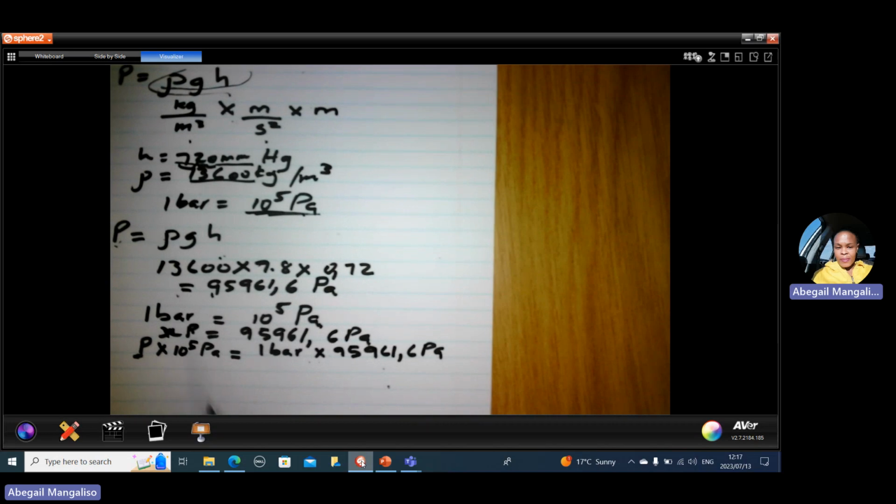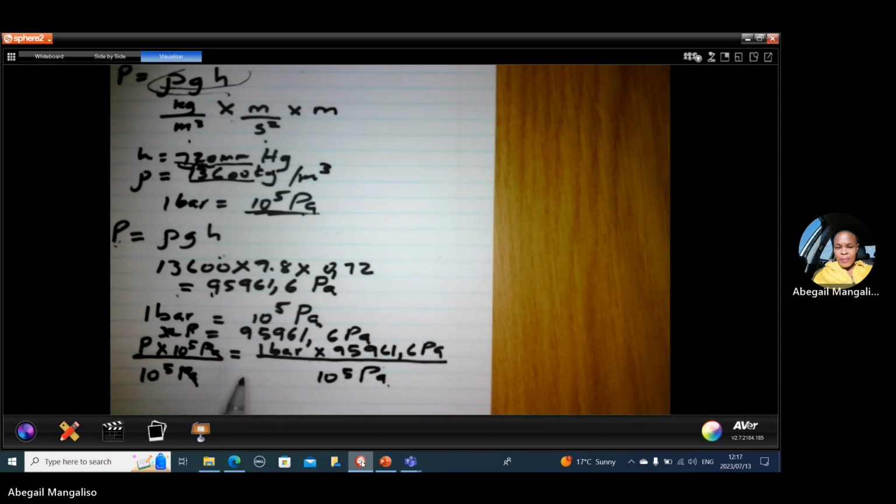Next, we divide both sides by 10 to the power 5 pascals. The pascals cancel out and the 10 to the power 5 cancels out.